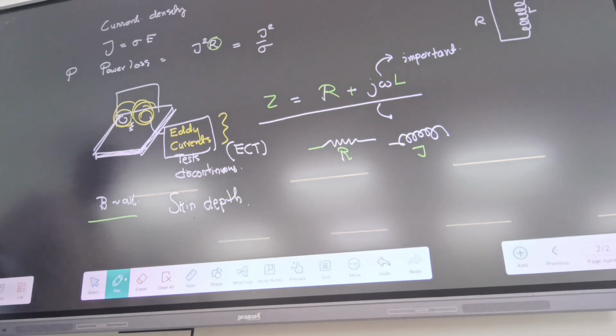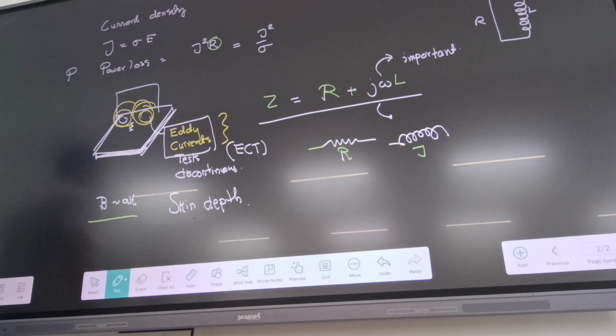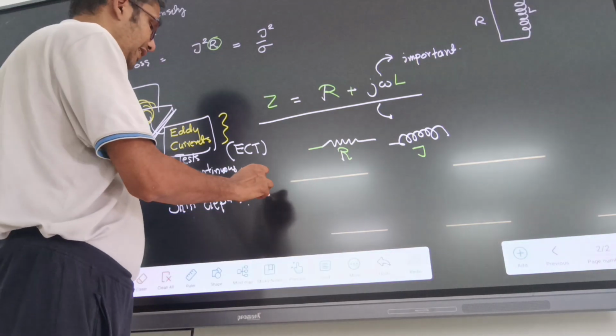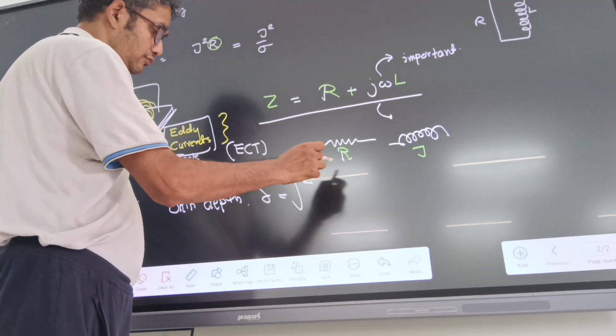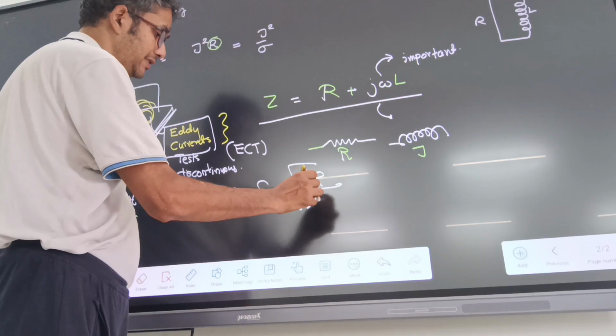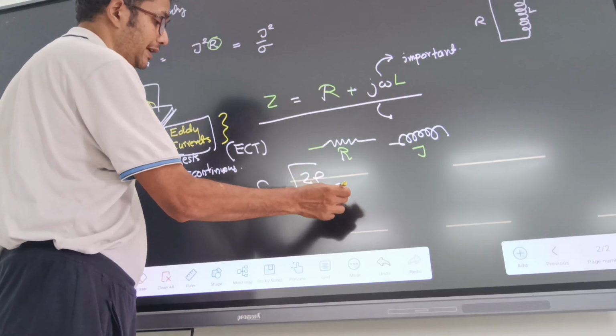Skin depth means how deep it can identify. And the skin depth delta equals the square root of resistivity divided by permeability times omega, the frequency.